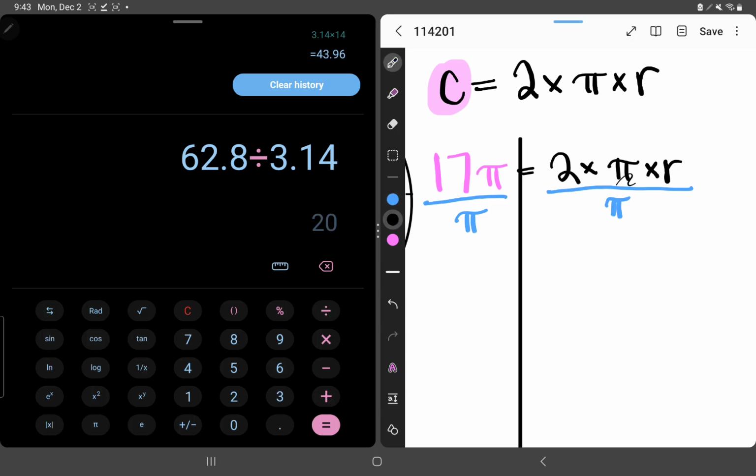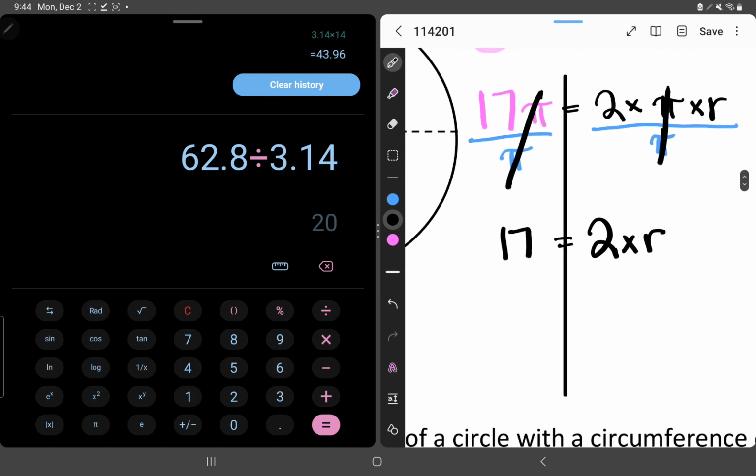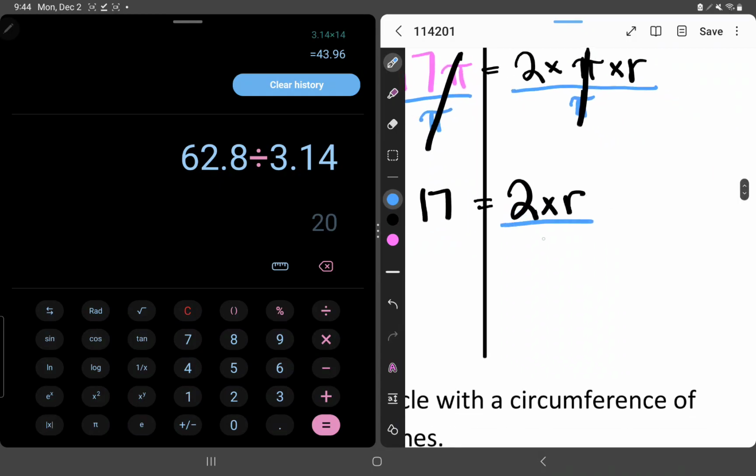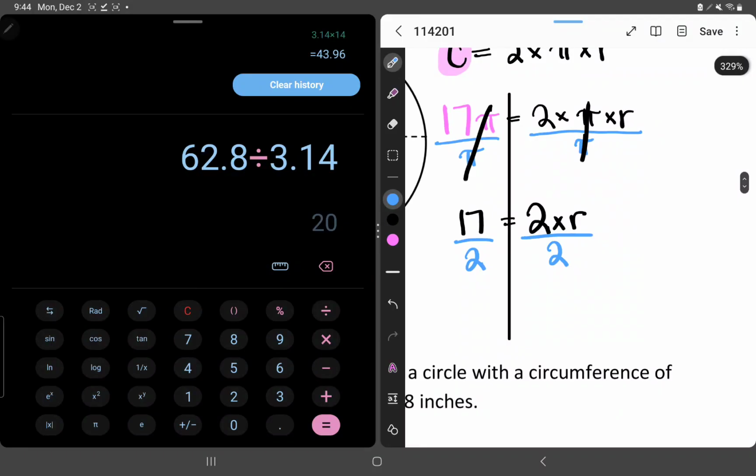When that happens, this pi right here cancels out, and that pi right there cancels out. That leaves you with the left side equals 17, and the right side equals 2 times radius. We still have a little bit of multiplication going on, so now I'm just going to divide both sides by 2. 17 divided by 2 is 8.5, and we find out that our radius is 8.5.